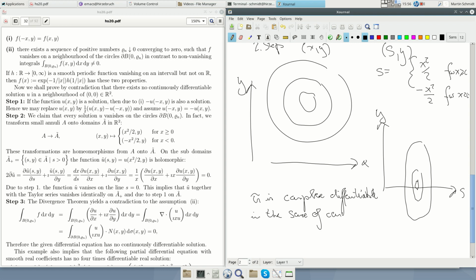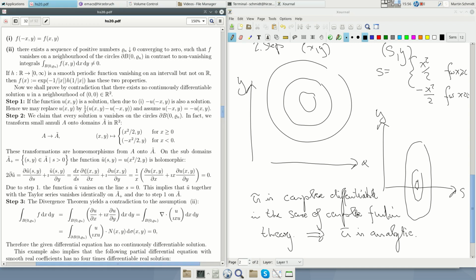And then by the theory of complex function theory, a very nice lecture by the way, we obtain U tilde is analytic. This follows from Cauchy's integral formula. This is a classical result, well known.